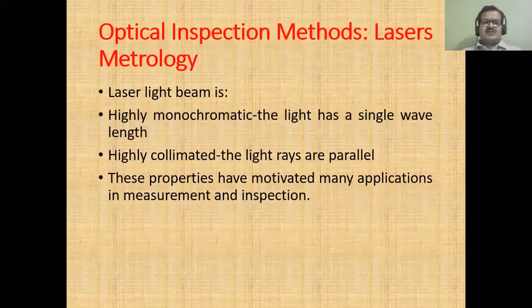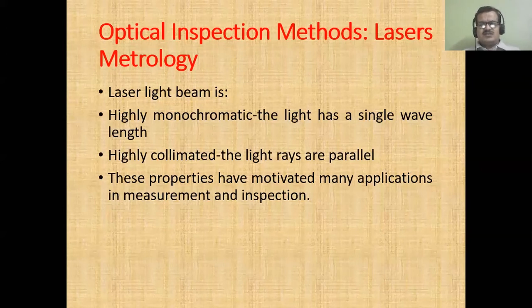Now we'll start our discussion with optical inspection methods. We have discussed non-optical inspection methods, wherein electrical field, radiation, and ultrasonics were covered. In optical inspection methods, we will see laser metrology. Here the light beam is used. Laser light beam is highly monochromatic. Basically, the light has a single wavelength.